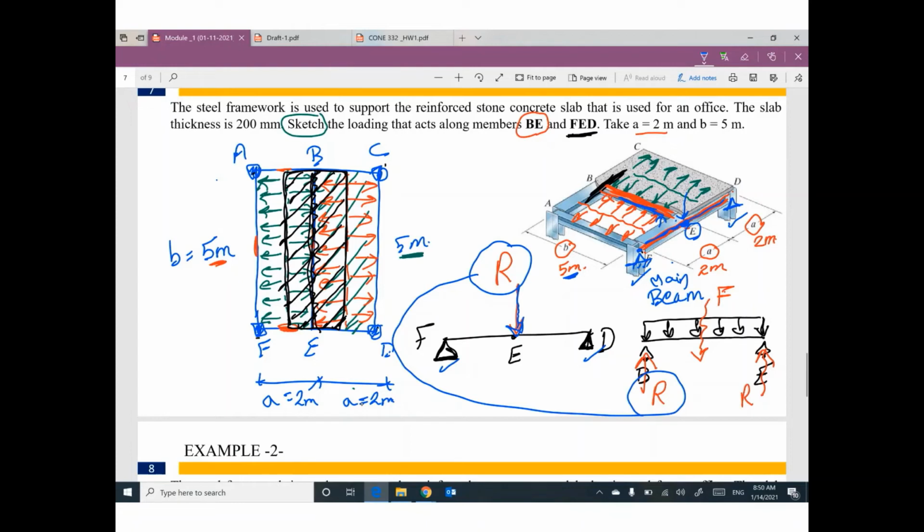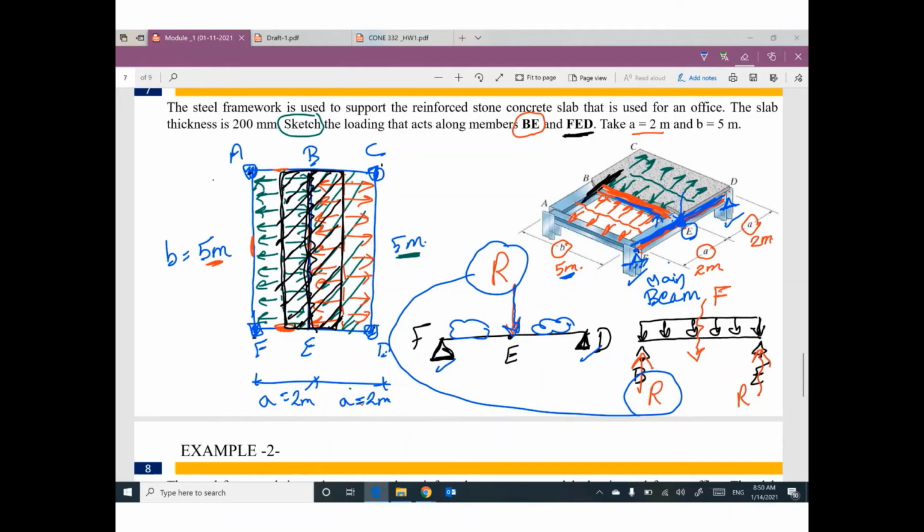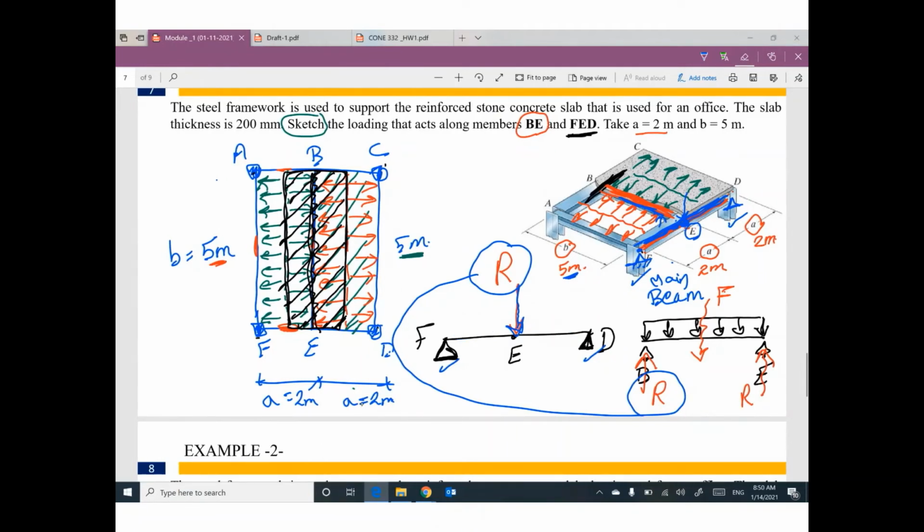Guys, do you have any load here or any load here? Does any part of the slab directly go to the main beam? No, we don't have, because this slab is one way, going only to beam BE.